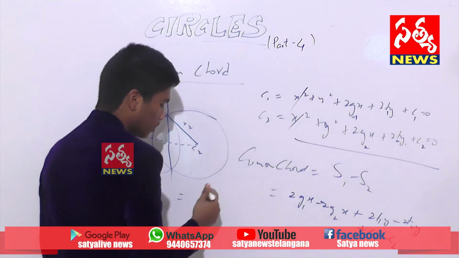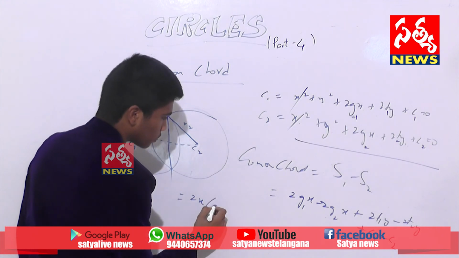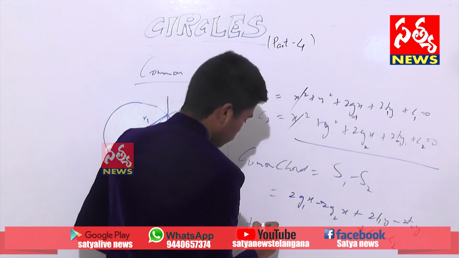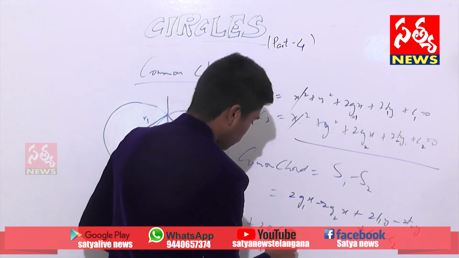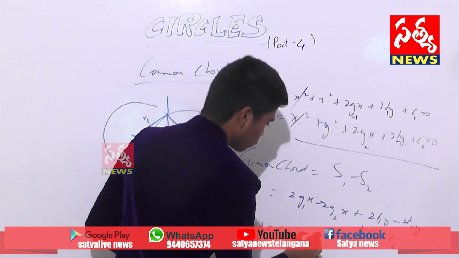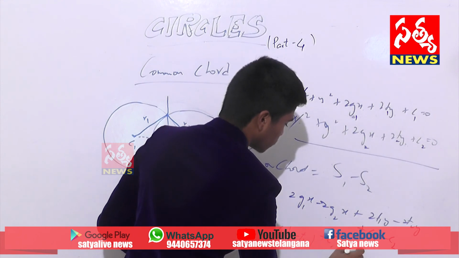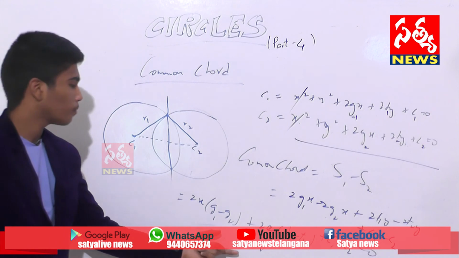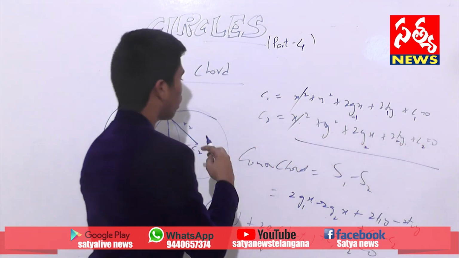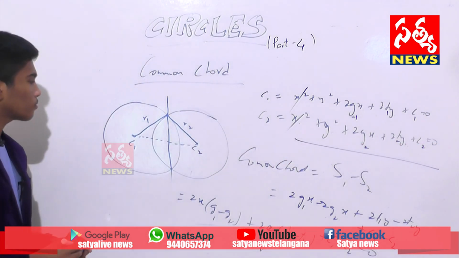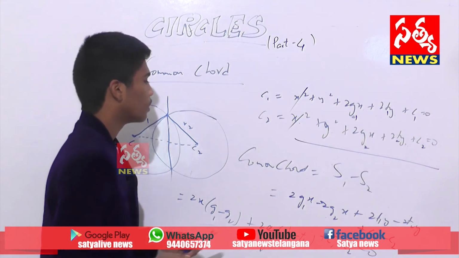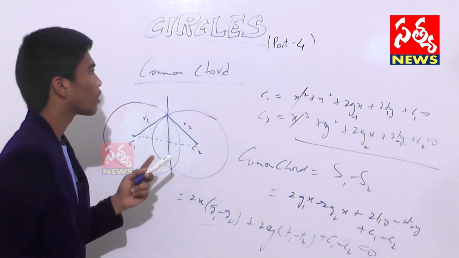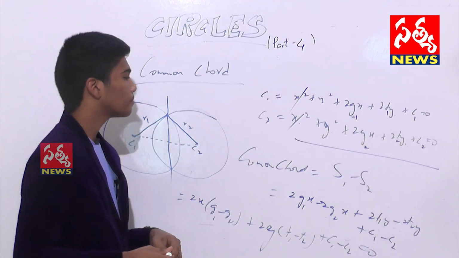Now if we take 2x common here, we get 2x into g1 minus g2 plus 2y into f1 minus f2 plus c1 minus c2 equals to 0, and finally this is the equation of common chord, S1 minus S2. We use this formula for the family of curves also, which we will discuss in the next part.